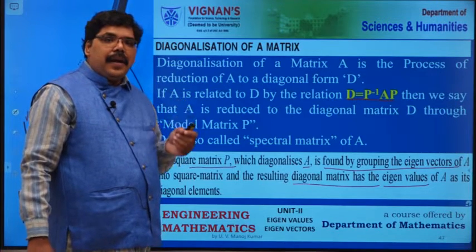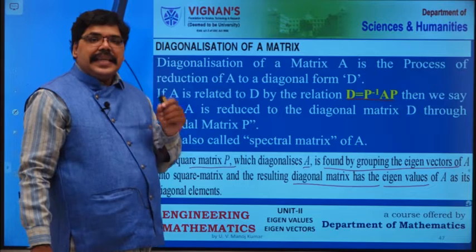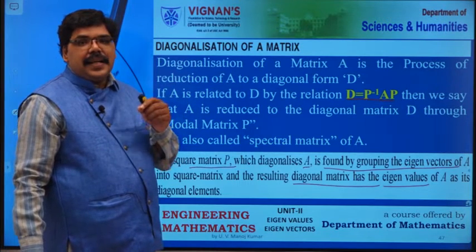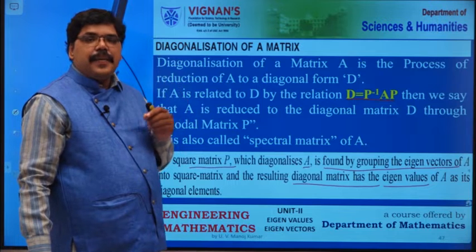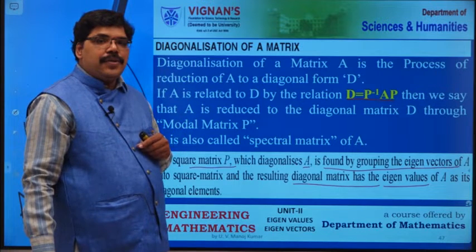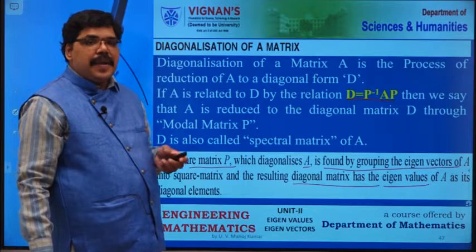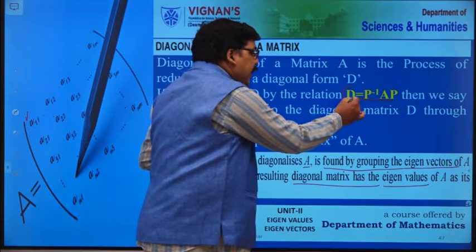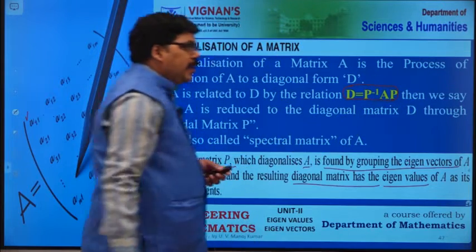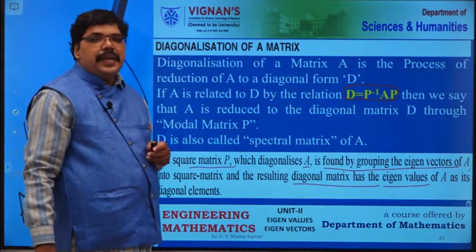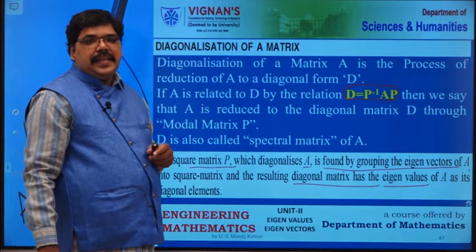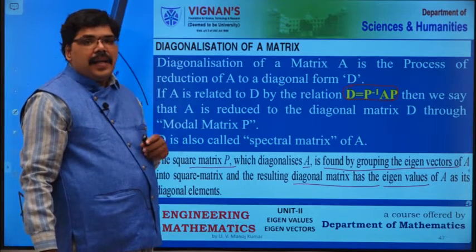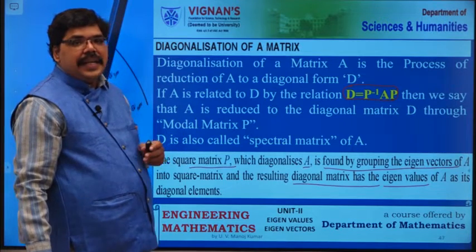So if you write all eigenvectors in a matrix, that is capital P. If you write eigenvalues as the diagonal elements in a matrix and the remaining elements are 0, then the resultant matrix is capital D. So what is the relation? The relation is D equals P inverse AP. In this, D is diagonal, P is model, A is the given matrix.